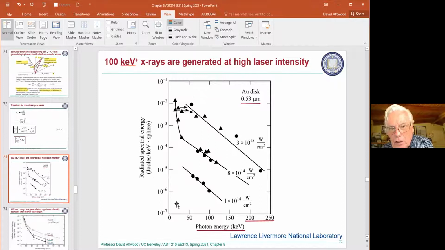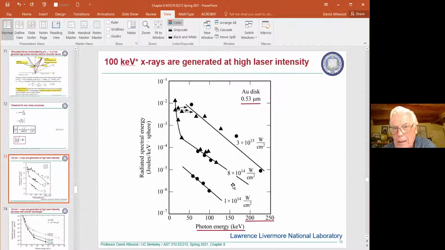But this is showing, as a function of photon energy, how much radiated energy is there across this spectrum for different intensities. So for instance, for 10 to the 14th watts per centimeter squared, that index would be low, and you would have very little of these high energy photons. They're there, but they're quite small.